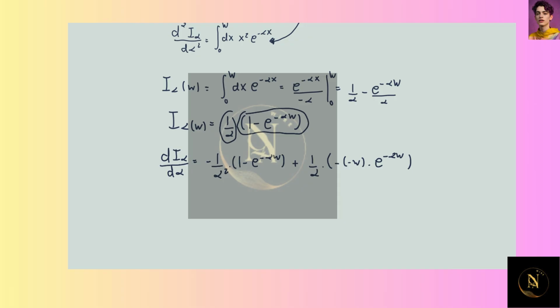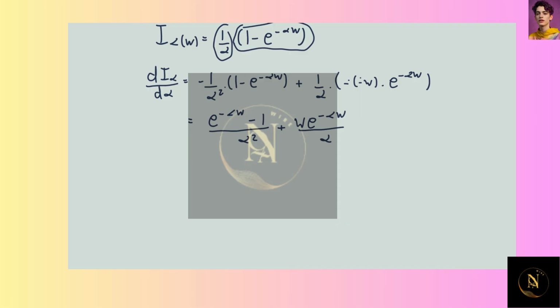The derivative of 1 is equal to 0, 1 is a constant. And this is (e to the minus alpha w minus 1) divided by alpha squared, plus w e to the minus alpha w divided by alpha.